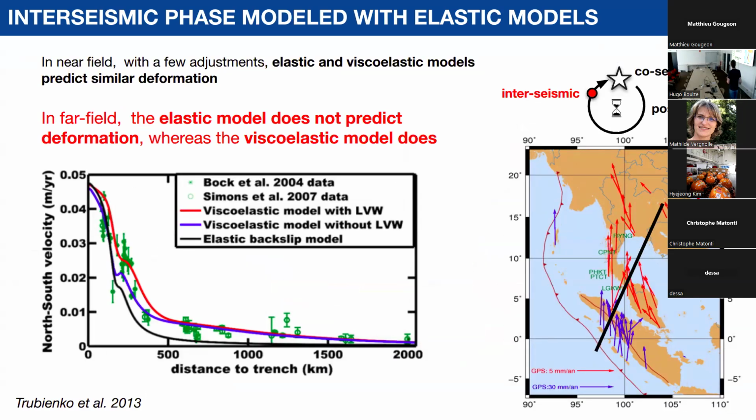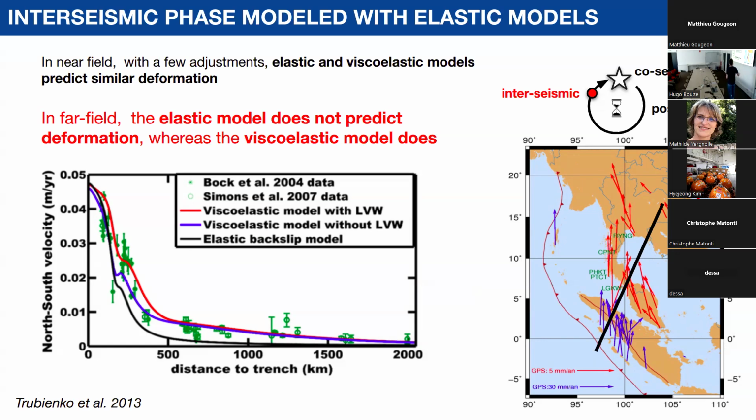Here you have another example in Sumatra after the 2004 earthquake. So here you have the inter-seismic deformation. So we are before the 2004 earthquake. And when you are modeling this inter-seismic, in green you have the GPS data along this profile.